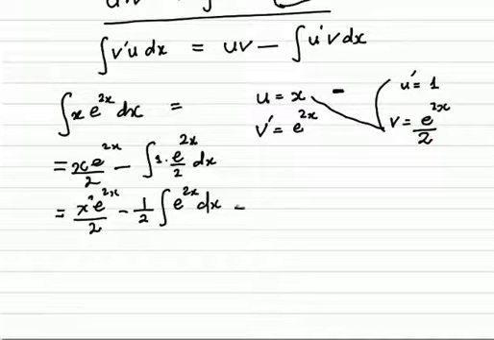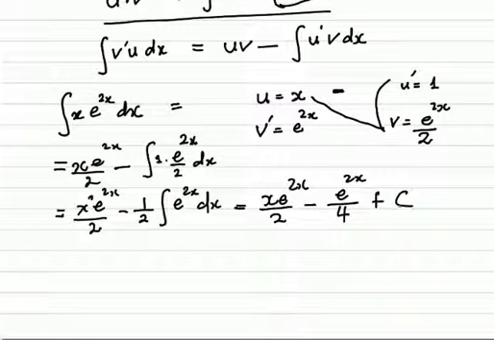Then this final answer will give us x e to the power 2x over 2 minus the integral of this, which is e to the 2x multiplied by half, which will give us 4, plus c. So that integral will now be complete.